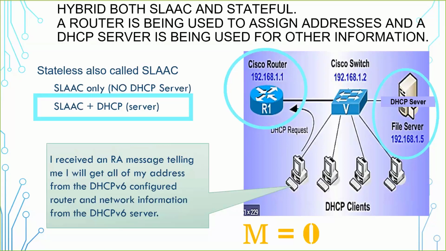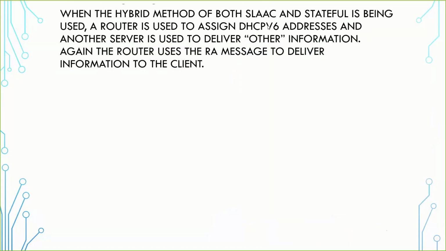It's going to be on because other information is being stored on the DHCP server. So I'm telling the client, no, there's no DHCP server managing your IP address, but yes, the DHCP server is managing other information.